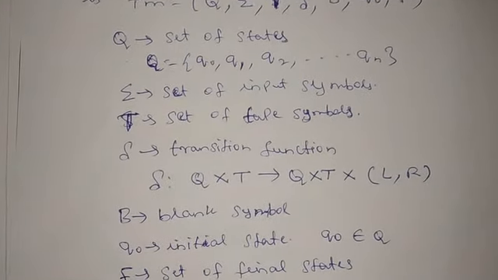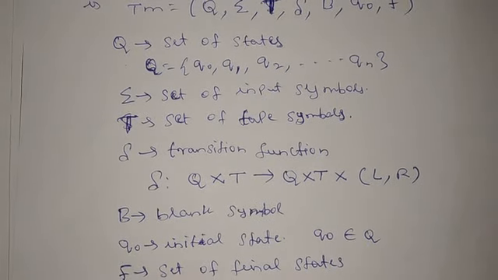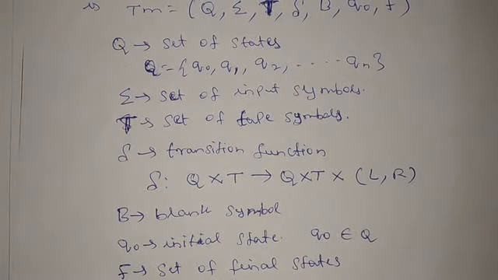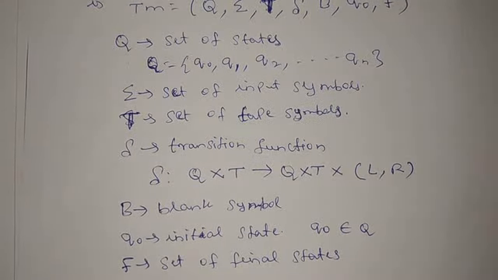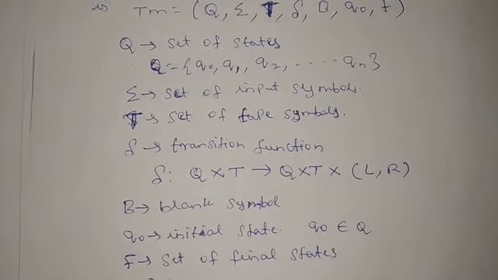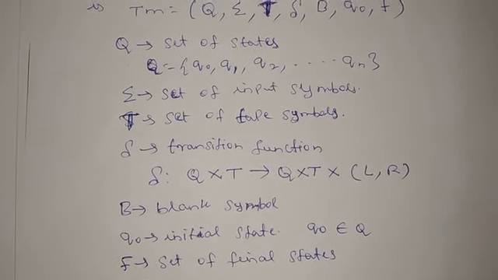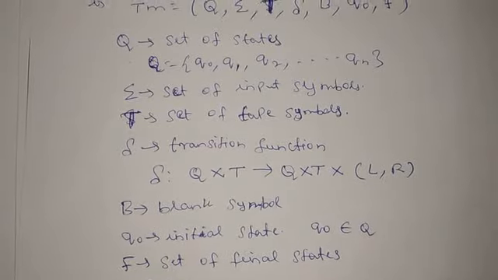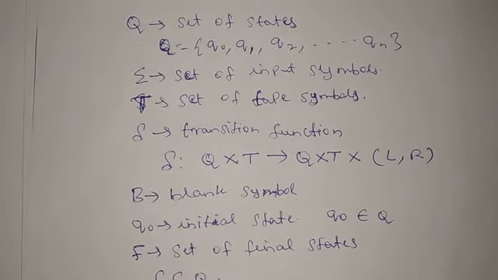And what is meant by sigma? Sigma is called the set of input symbols. Whatever input symbols you apply on the tape drive are called input symbols. In the previous case we read about input symbol A being applied. A or B, 0 or 1, whatever it is, is in the set of input symbols. And what is meant by T?